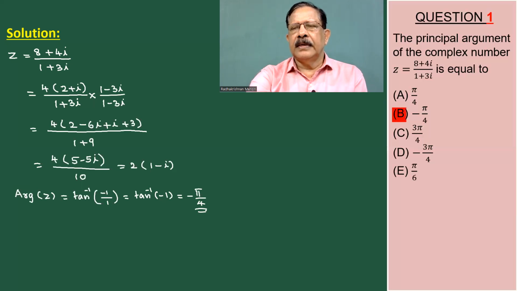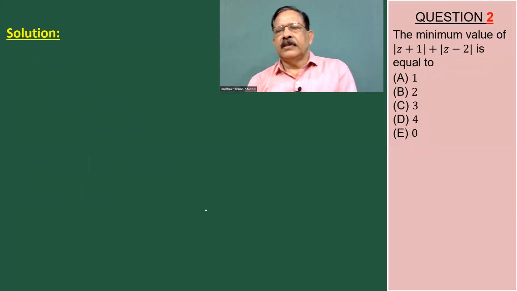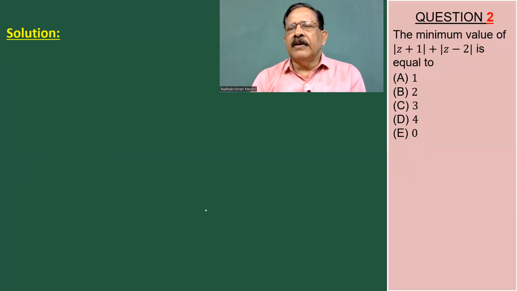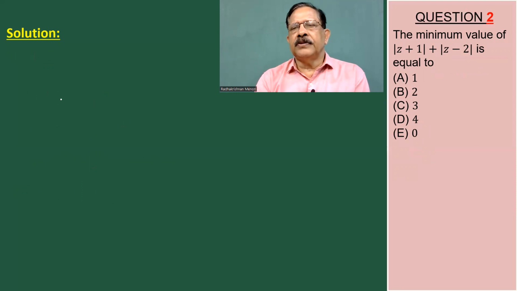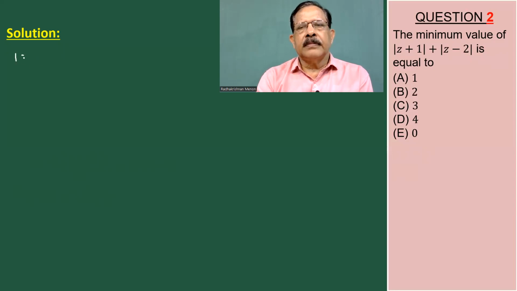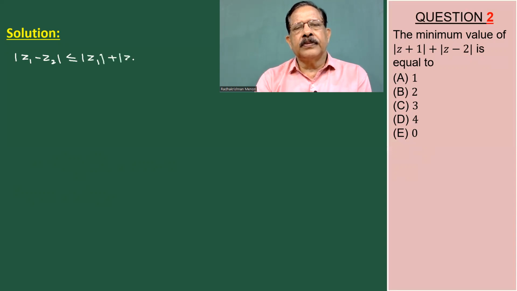Let's go to the next question. The minimum value of mod (z plus 1) plus mod (z minus 2). So we are using the inequality: mod z1 minus z2 is less than or equal to mod z1 plus mod z2.